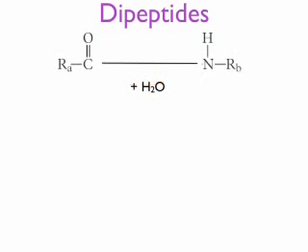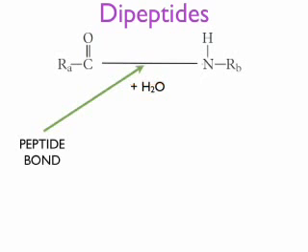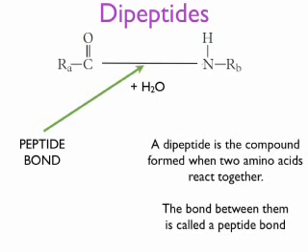It's that bond between the C doubly bonded to the O and the N singly bonded to the H of neighbouring amino acid monomers. A dipeptide is the compound formed when two amino acids react together. The bond between them is called a peptide bond.